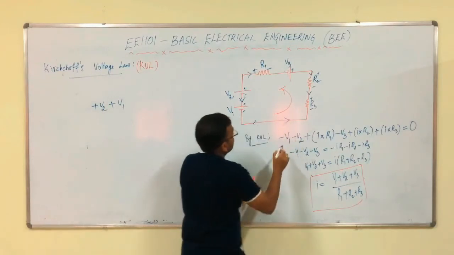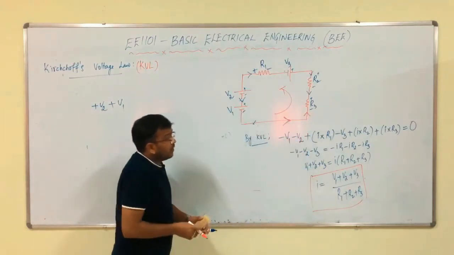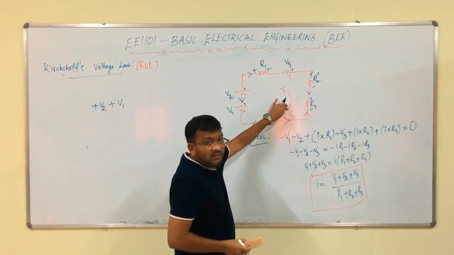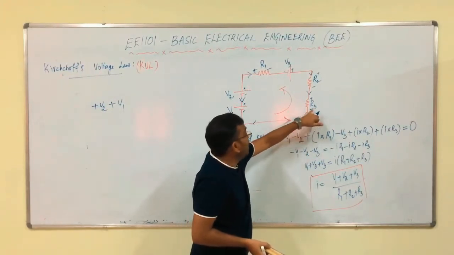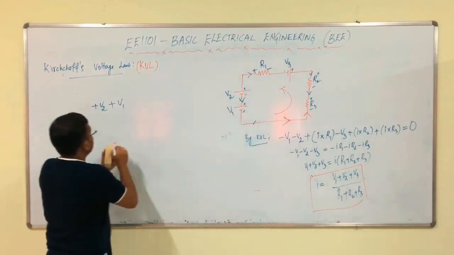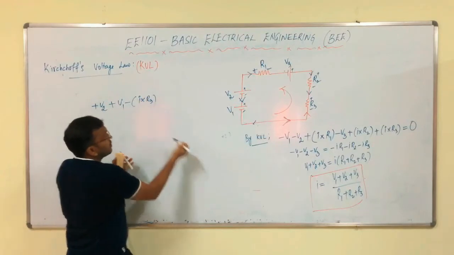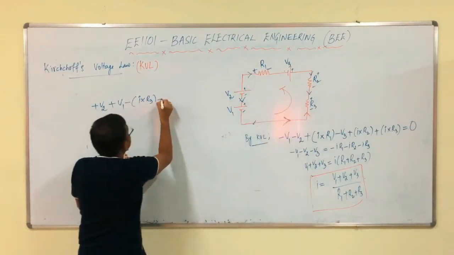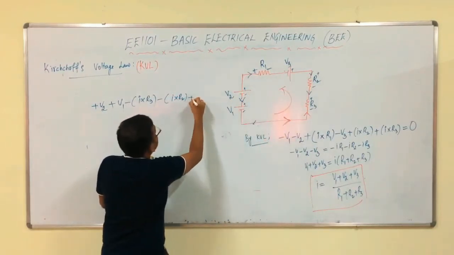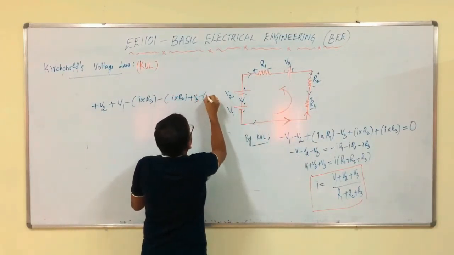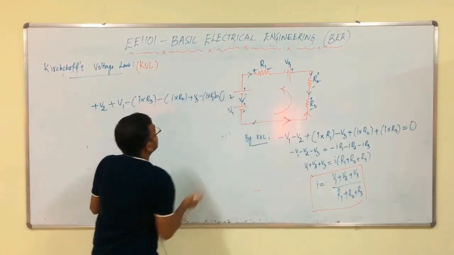Then negative. Why negative? For anti-clockwise direction we have to consider negative voltage drops across resistances, that is why minus I into R3, minus I into R2, positive to negative plus V3, minus I into R1 is equal to 0.